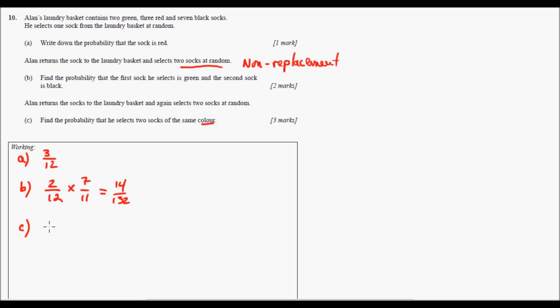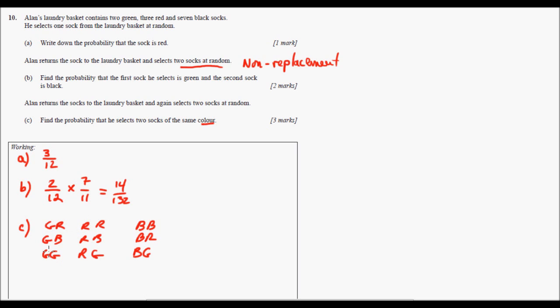So he can get green red, green black, or green green. He can get red red, red black, red green, or he can get black black, black red, black green. There's 9 possibilities here.